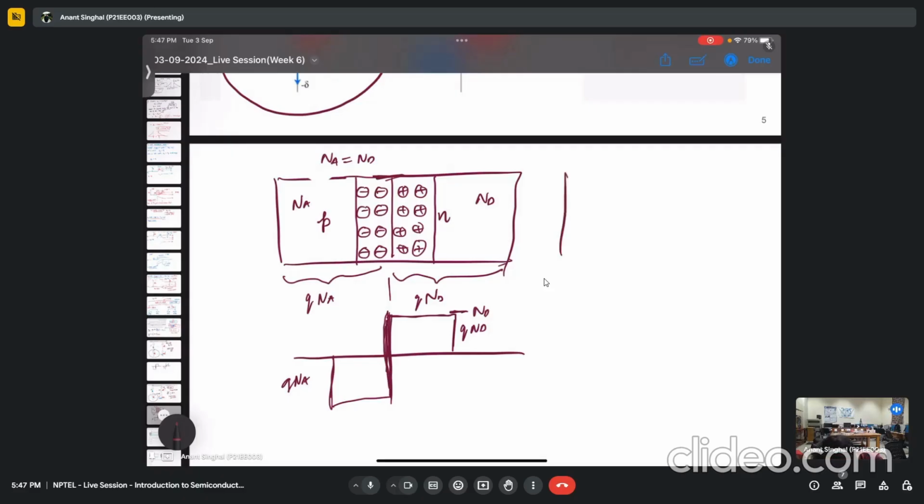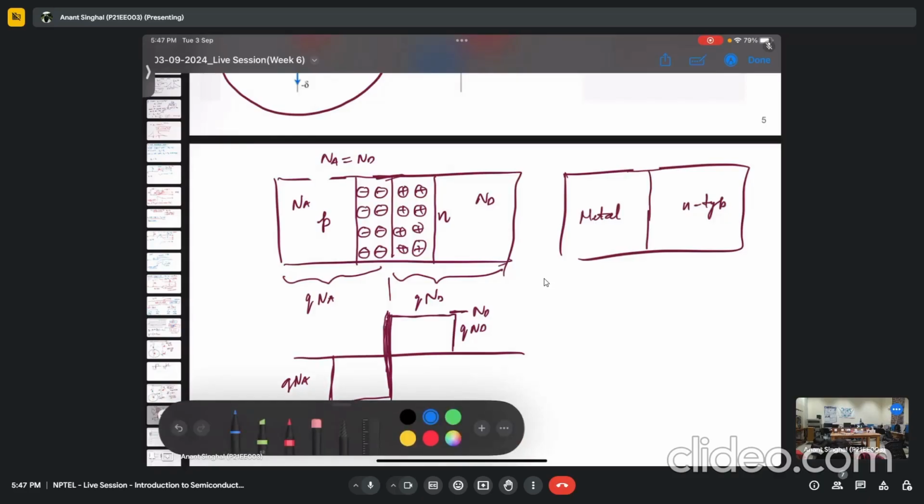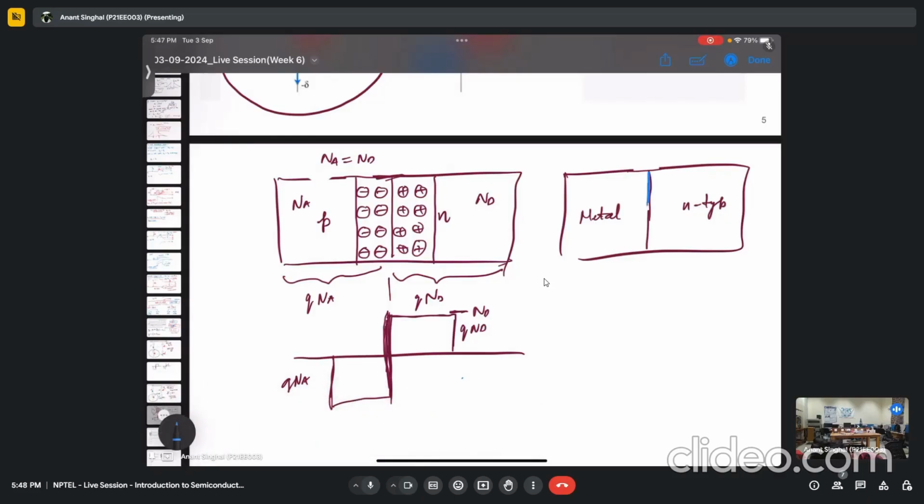So if I talk the same for the metal now, let's say this is metal and this is N type. Metal will not have any space charge region because of its high doping, and we'll have some doping left for the Nd. So this is why we are experiencing this.